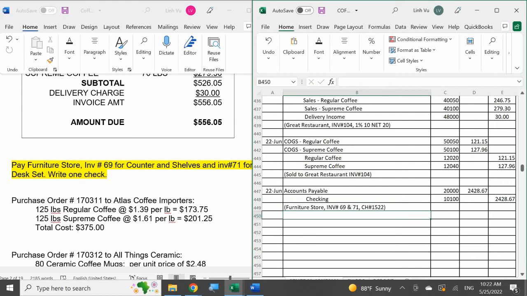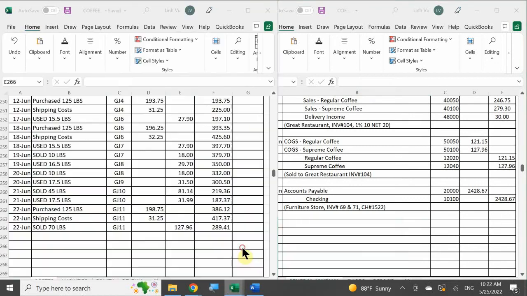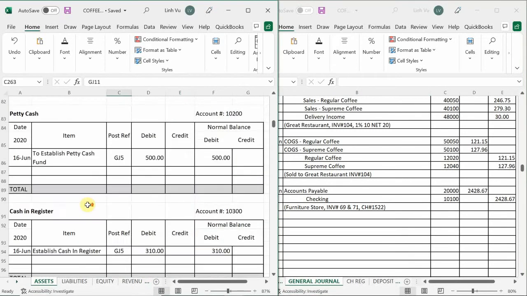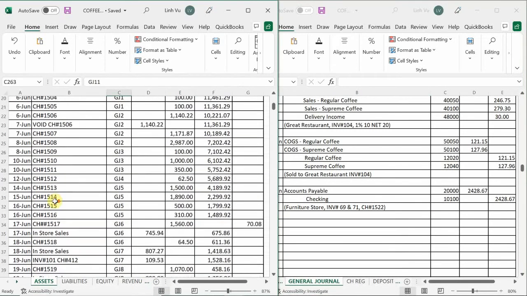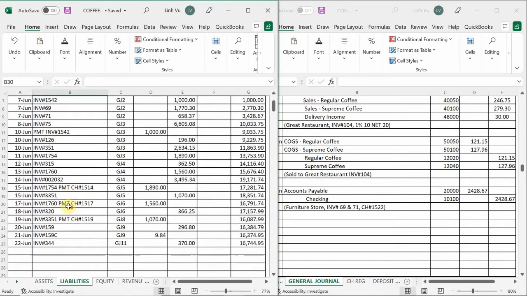Okay, so let's go ahead and update my ledger because in this case, I just spent money. Starting with accounts payable.